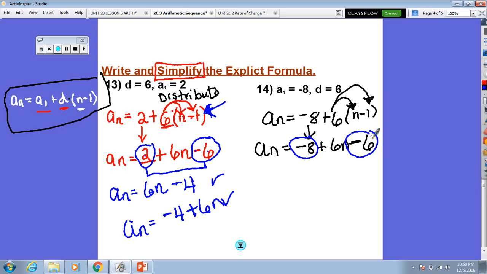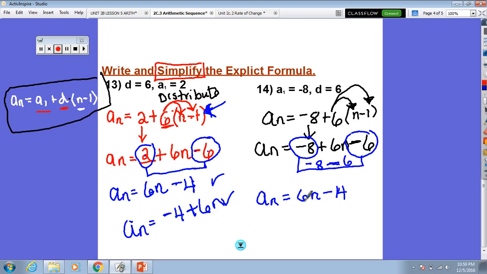So notice that I circled the sign in front of the number. That is very important. So if you're putting this in your calculator, that is negative 8 minus 6. Make sure you put the 8 in as a negative using the white keys, and the subtraction sign, of course, using the gray buttons on the side of your calculator. So we get a sub n equals 6n minus 14.